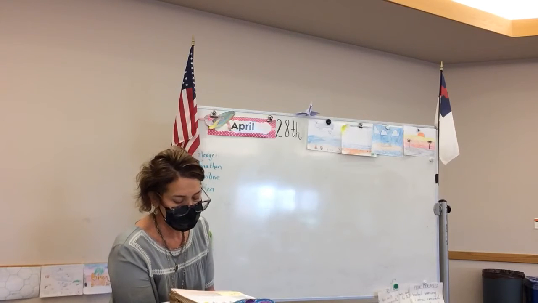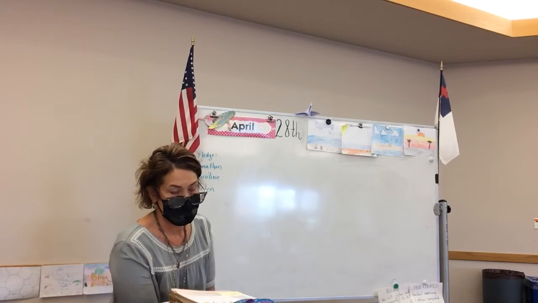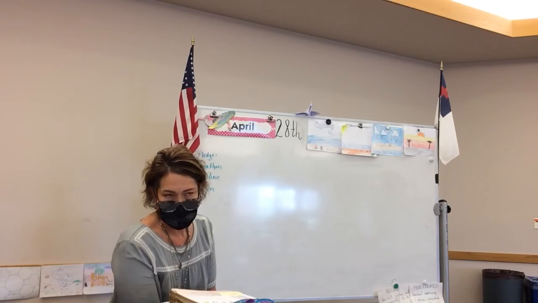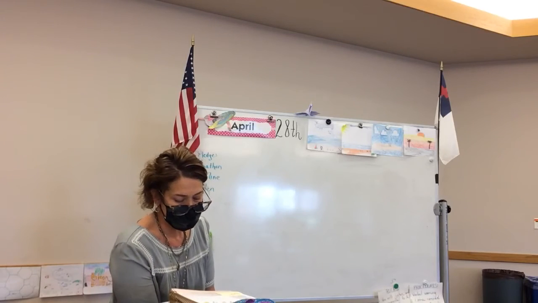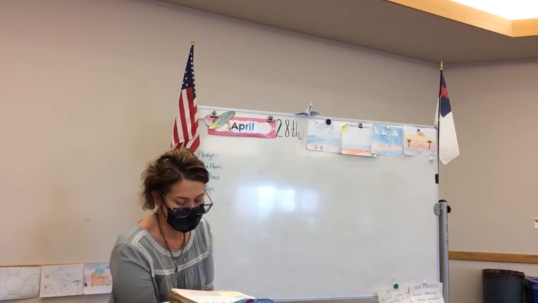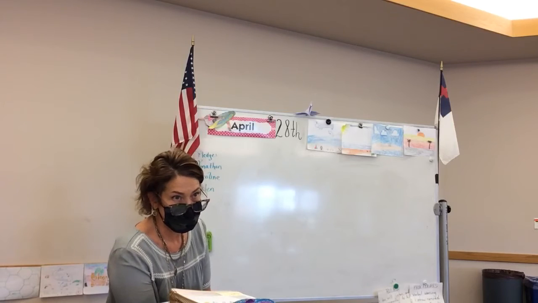Out of 8/20, what are you going to divide to get your fraction? Christian? 2. So what would 8 divided by 2 be? 16. And then what would 20 divided by 2? 10. Is that the lowest we can get?